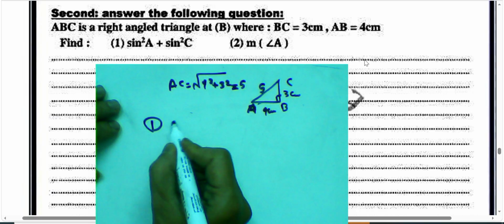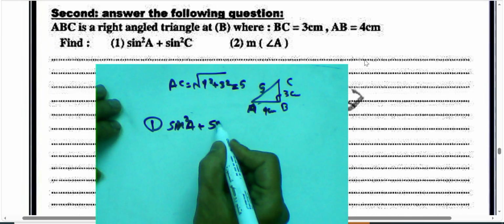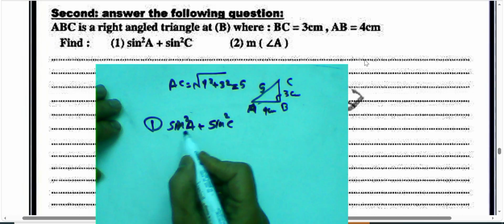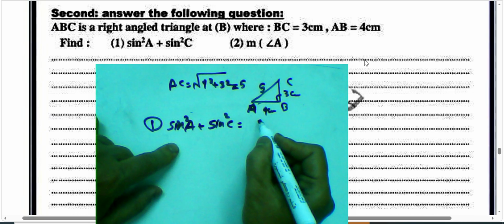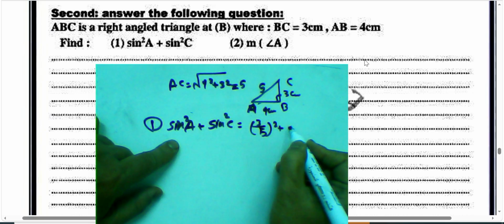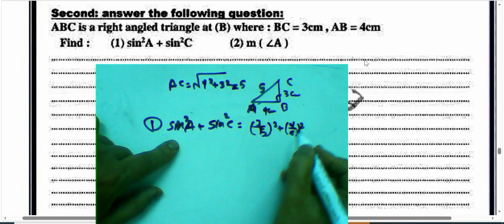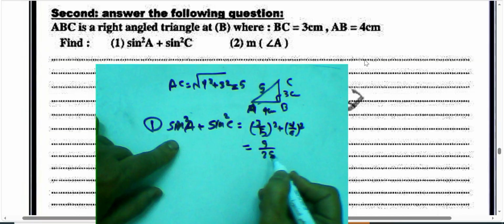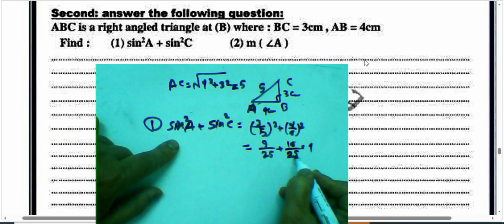Then we can find first sine A power 2 plus sine C power 2. Sine A will be opposite over hypotenuse, 3 over 5 power 2, and sine C is 4 over 5 power 2. Then we have 9 over 25 plus 16 over 25, it will be 1. The result will be 1.